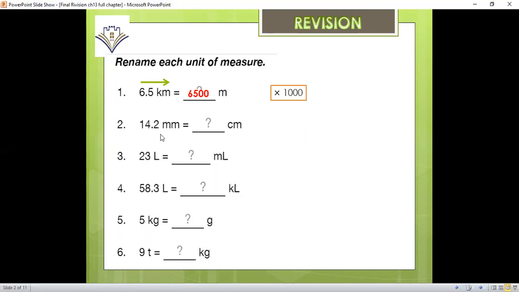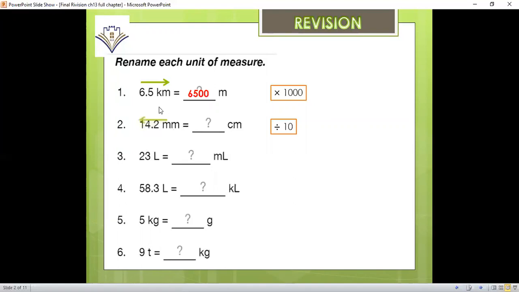Number 2: 14.2 millimeters equals dots centimeters. Here we will divide or multiply? Here we need to rename smaller unit as larger unit because millimeter is a smaller unit than centimeter. Then we will divide it by what? 10, because 1 centimeter is equal to 10 millimeters.